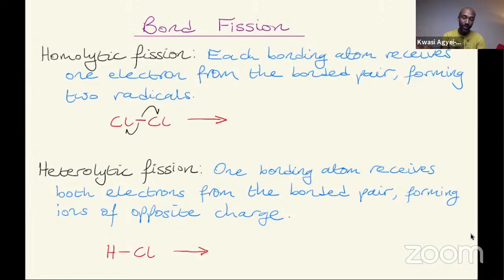So as a result of that bond breaking homolytically, you're going to form two chlorine radical species, and the radical species are shown with the single unpaired electron that they have, which of course is what defines them as radicals. Okay, so a radical is a species with an unpaired electron.